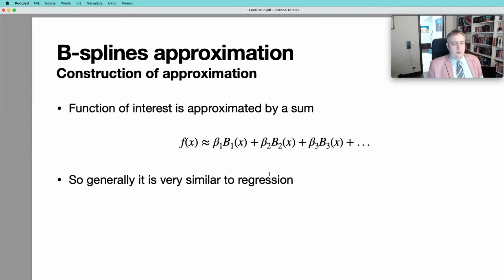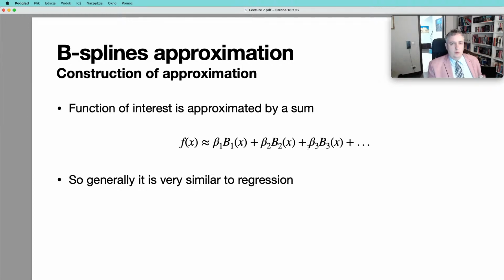What is very nice in this situation is that you are modeling the entire function, which is defined on the entire interval, as a sum of those base functions. But each of those base functions works on a very limited scope of the entire function. So we have sparsity here.